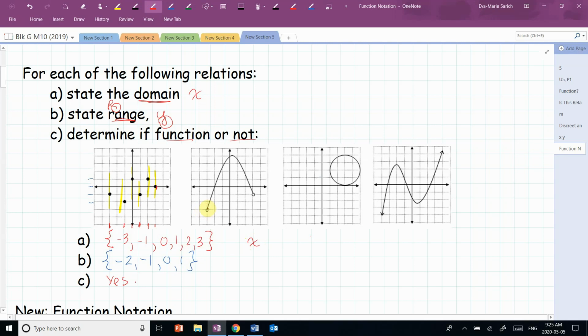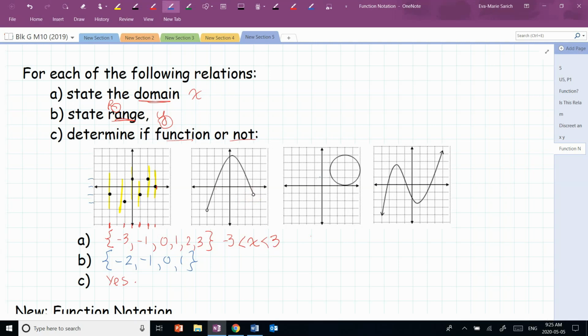The lowest value of x is down at -3. It is not equal to -3, so we're just going to say x is greater than that lowest value, -3. And again, it's going to go to the highest value, 3. And x is going to be less than that 3, but not equal to it.